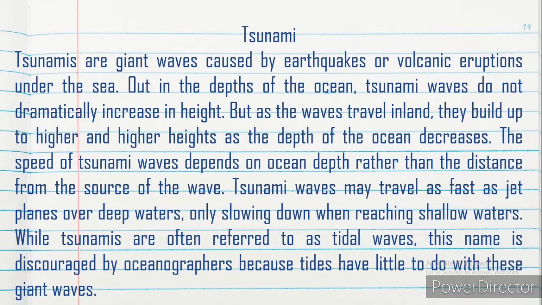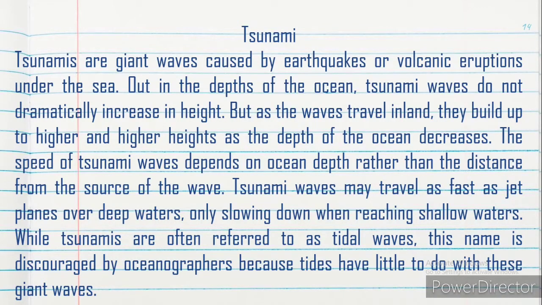Tsunami. Tsunamis are giant waves caused by earthquakes or volcanic eruptions under the sea. Out in the depths of the ocean, tsunami waves do not dramatically increase in height, but as the waves travel inland, they build up to higher and higher heights as the depth of the ocean decreases. The speed of tsunami waves depends on ocean depth rather than the distance from the source of the wave.